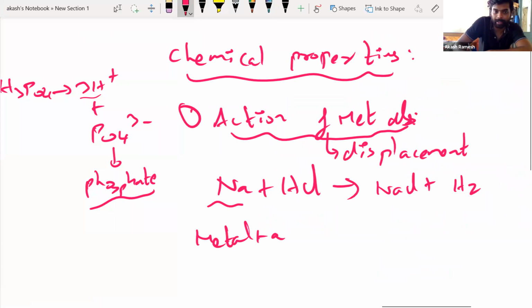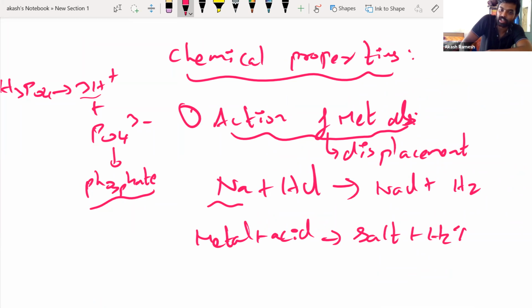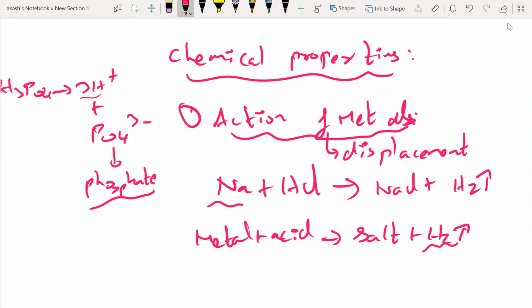So whenever you have a metal reacting with acid, it will form a salt, plus hydrogen gas is always liberated. Now, does anybody remember how you test the presence of hydrogen gas? The burning splinter burns with a pop sound.